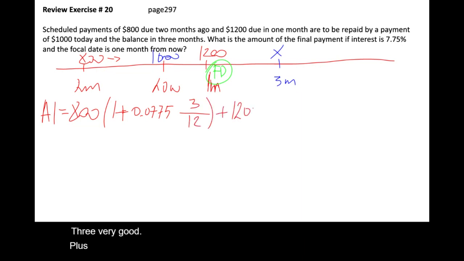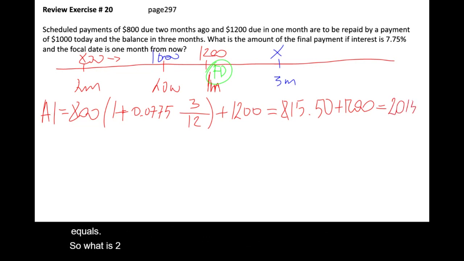Plus 1200, which is already at the focal date, so I use it as is. So 815.50 plus 1200 equals $2,015.50. That's agreement 1.